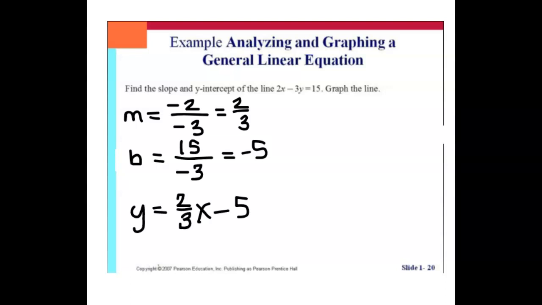And then to graph that, you would want to show your y-intercept. So it starts at negative 5, goes up 2 over 3, up 2 over 3.